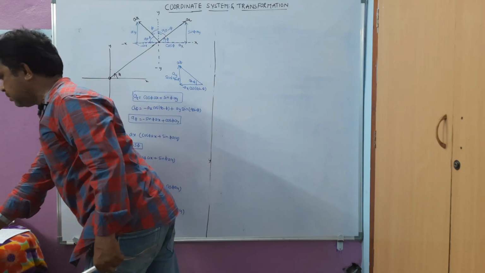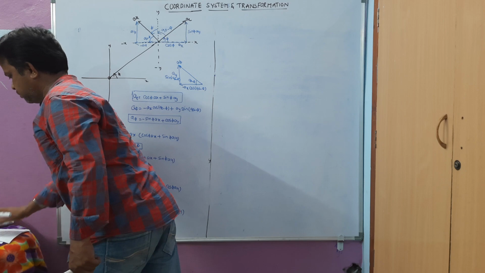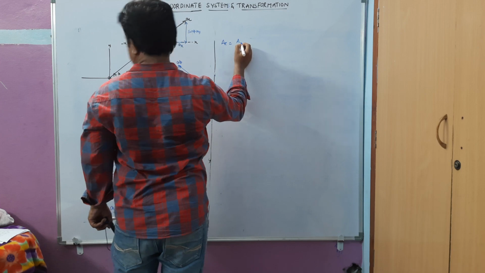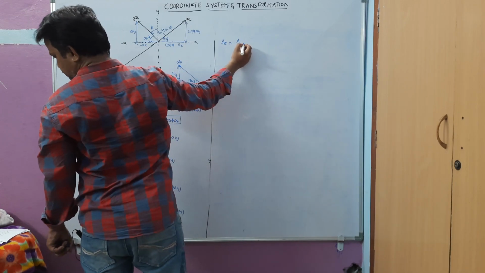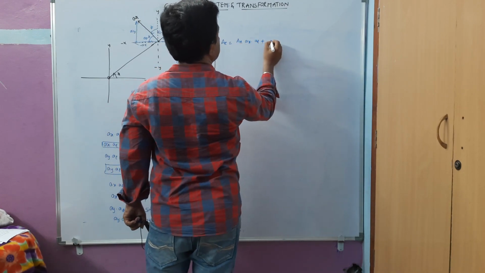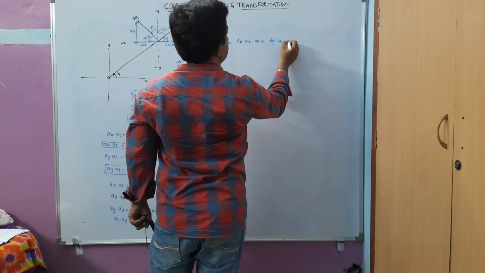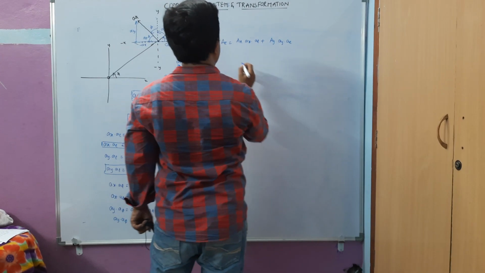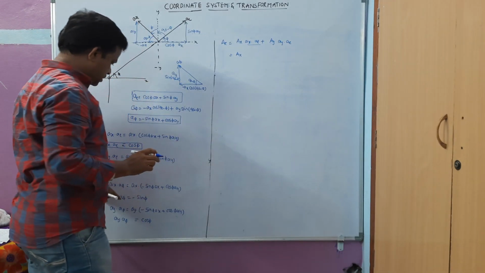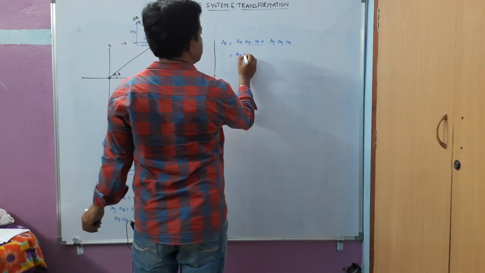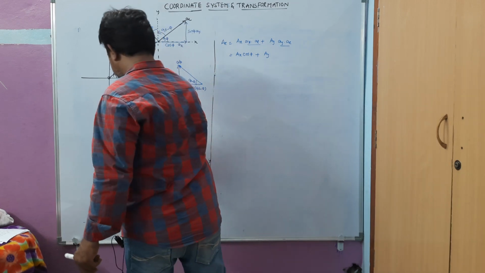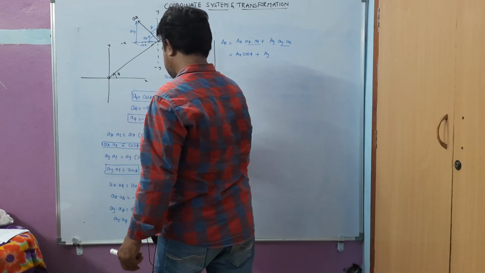A rho is equal to ax into ax dot a rho plus ay into ay dot a rho, plus 0. ax dot a rho is cos phi, plus ay into ay dot a rho, which I have got as sin phi.